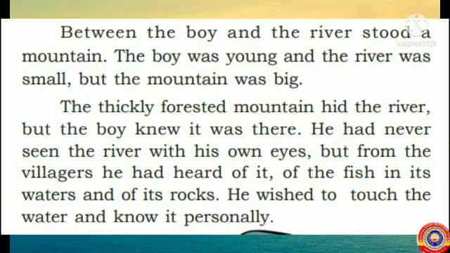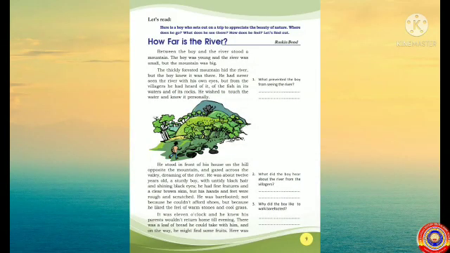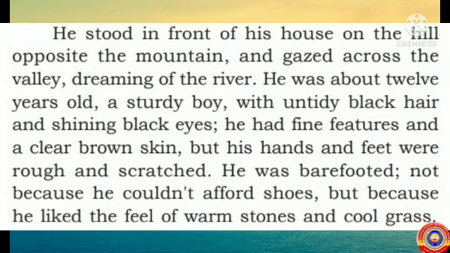Am I right? Now let's move on to the 3rd paragraph. I'll give you a model reading. All of you look into the text. He stood in front of his house on the hill opposite the mountain and gazed across the valley, dreaming of the river. He was about 12 years old, a sturdy boy with untidy black hair and shining black eyes.